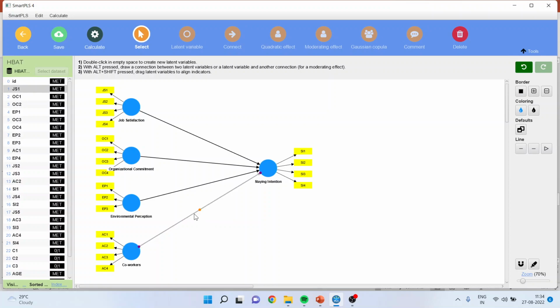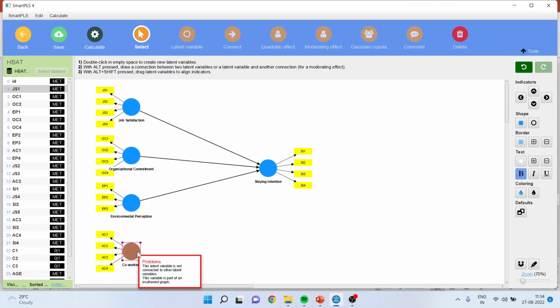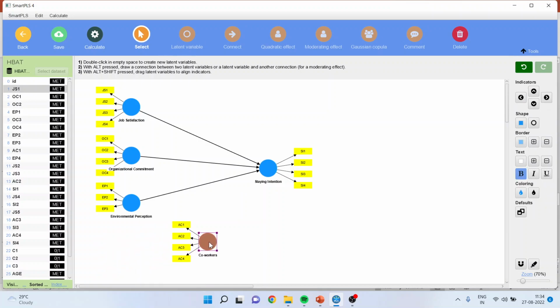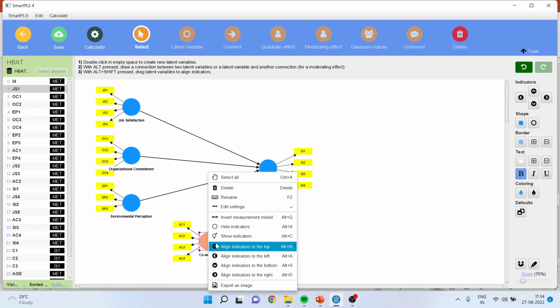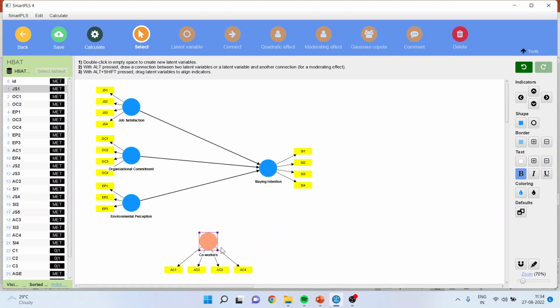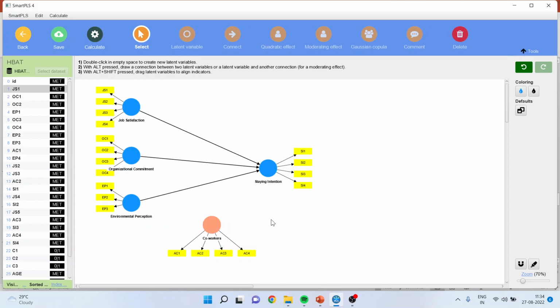first of all, remove the direct effect. You can reorient this and bring it down. Now you will have to do a very simple change here. Connect.